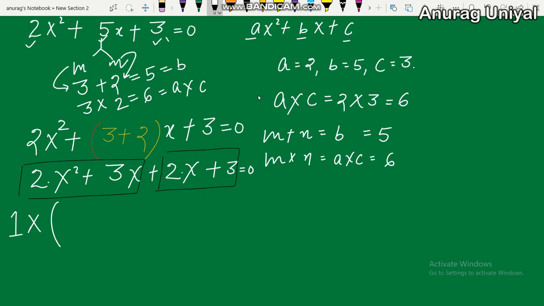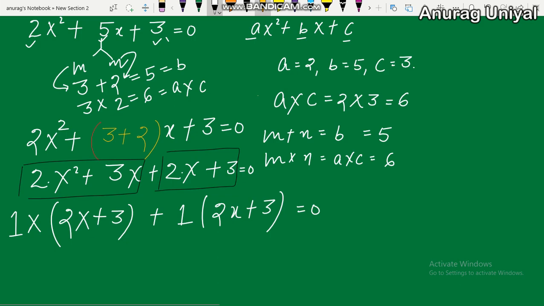Taking x as common, 2x to the power 2 gives 2x plus 3. Then in the next two terms there is nothing common but 1, so this remains the same, 2x plus 3, which is equal to 0.